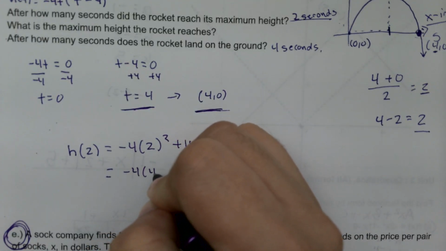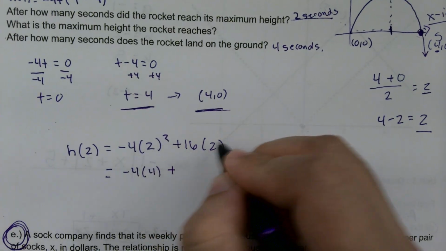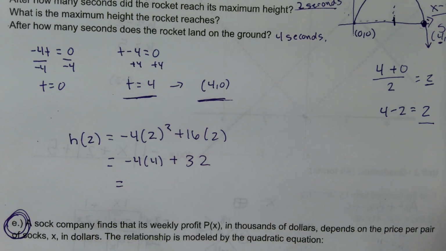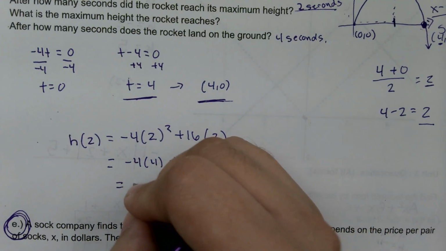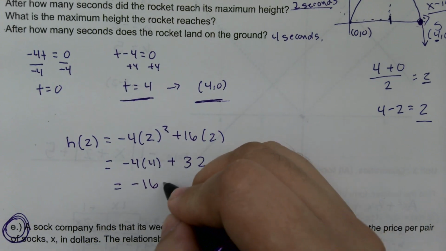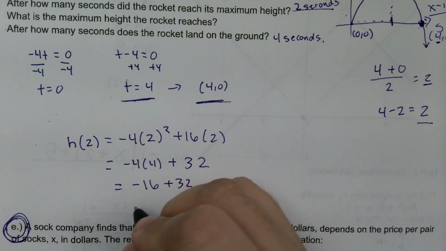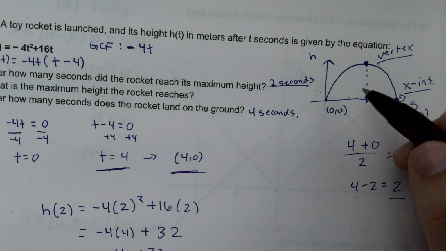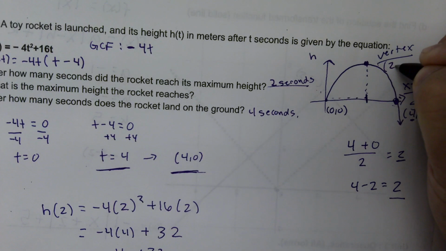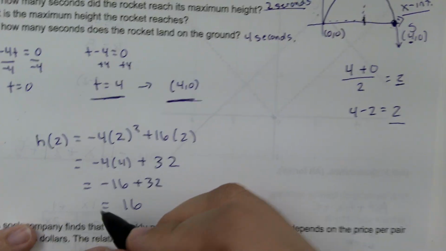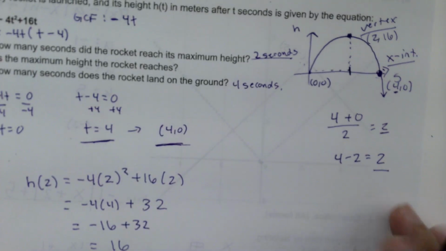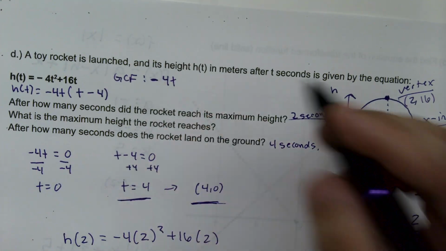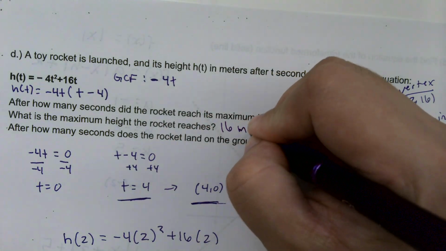So negative 4 times 4 is negative 16, plus 32, is 16. So my vertex happened at (2, 16). And what is the max height the rocket reaches? It's in meters, so 16 meters.